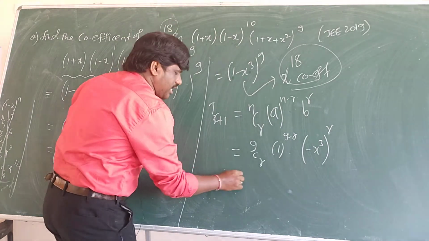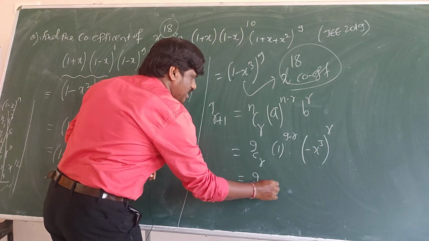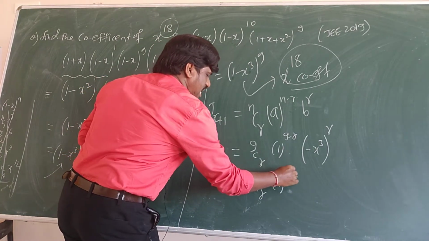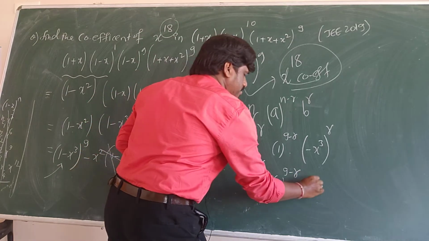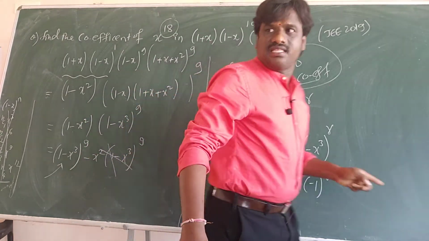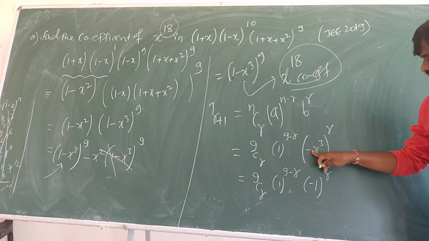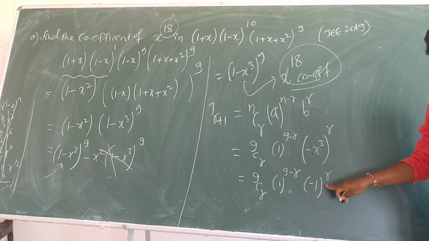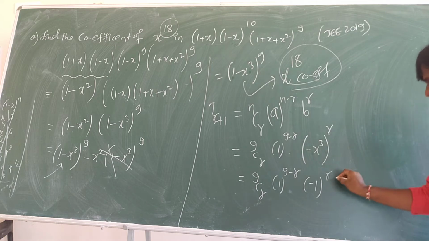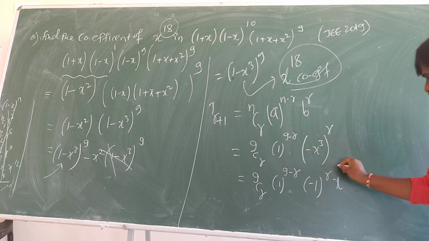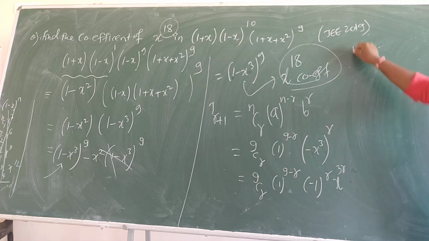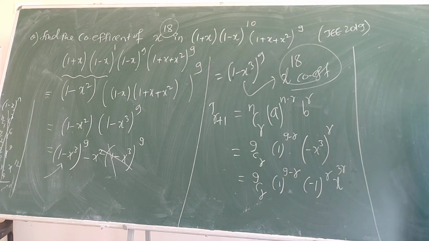Correct? So I get 9Cr 1^(9−r) and (−1)^r. We write the term like this: (−1 times x³)^r. So (−1)^r and x^(3r), that is x^3r. Correct?